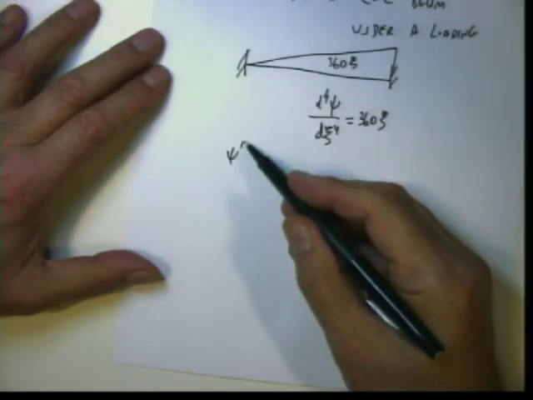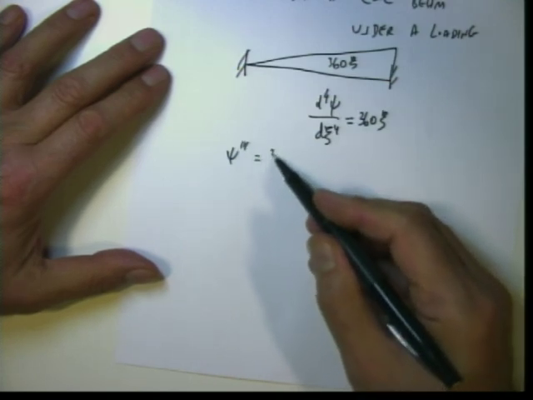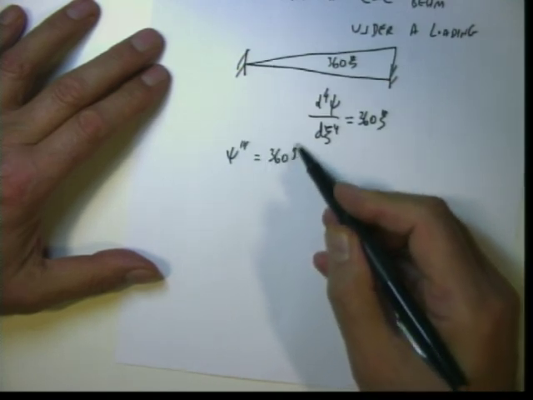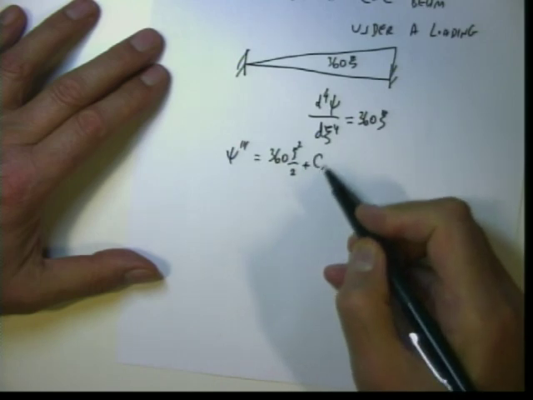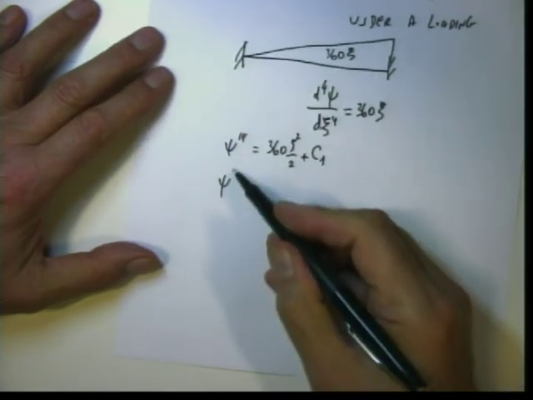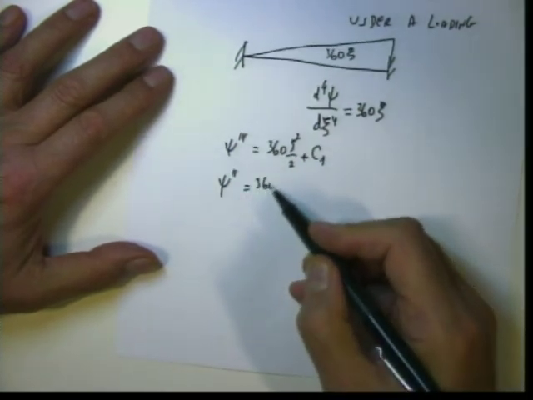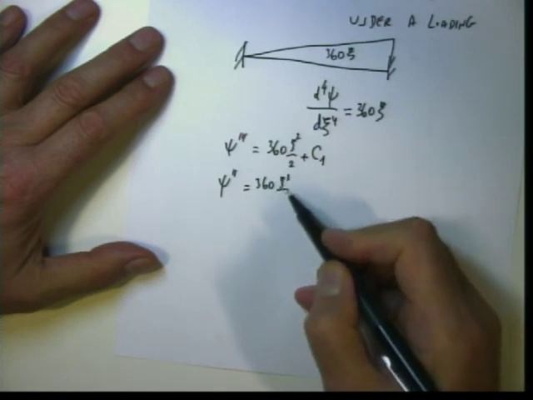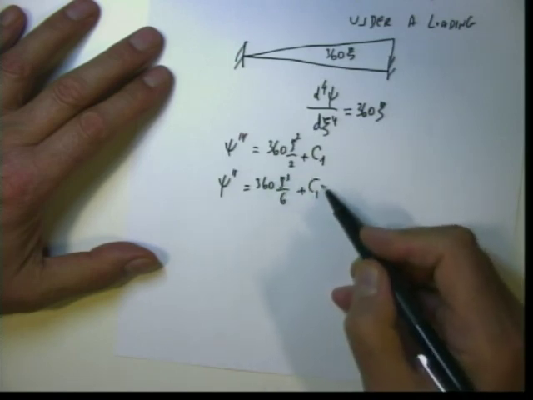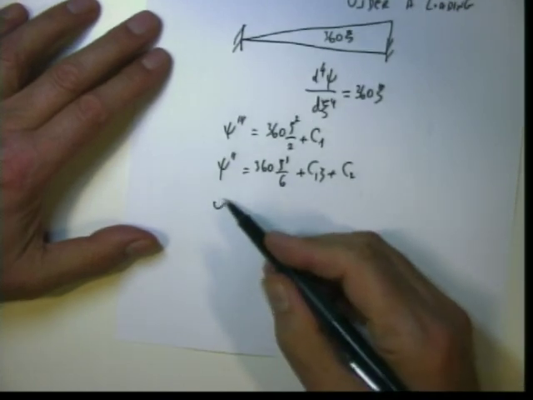So then psi third derivative will be 360 psi squared over 2 plus C1. Psi second derivative will be 360 psi cubed over 6 plus C1 psi plus C2.